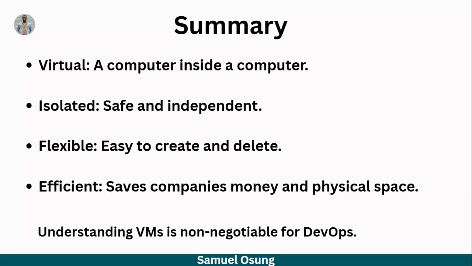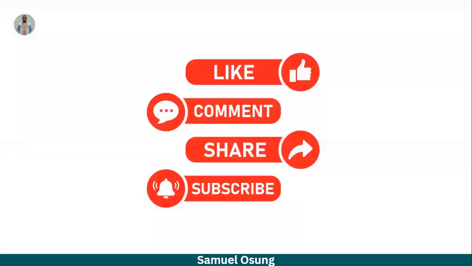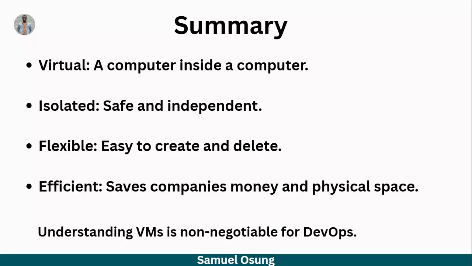So it helps in efficiency. Understanding virtual machines is non-negotiable for DevOps. If you are getting into cloud, DevOps, or even IT in general, understanding virtual machines is a must. Now you don't need to master everything today. You just need to understand the idea.